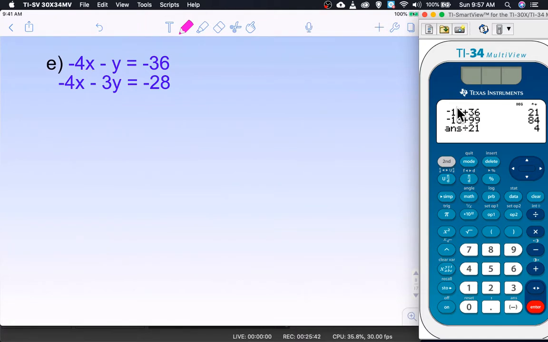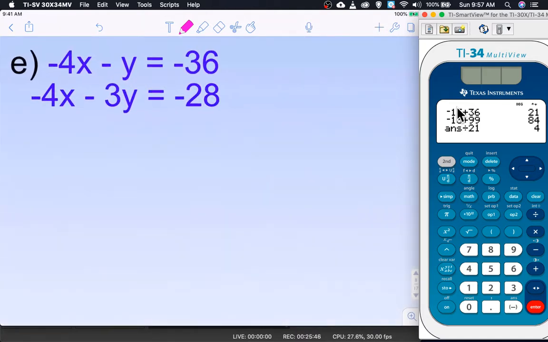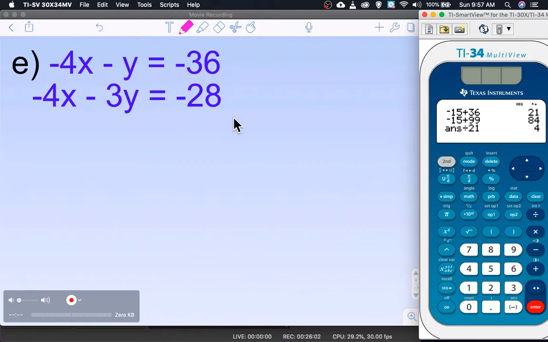Okay, letter E. Now these are just like the second example we did together earlier. They are almost set up for elimination. There is a problem. If you don't want to hear the problem, pause the video and start the problem. If you do want to hear the problem, it's my x's.